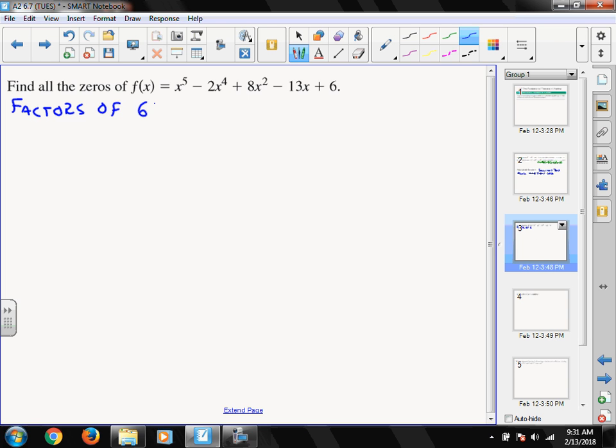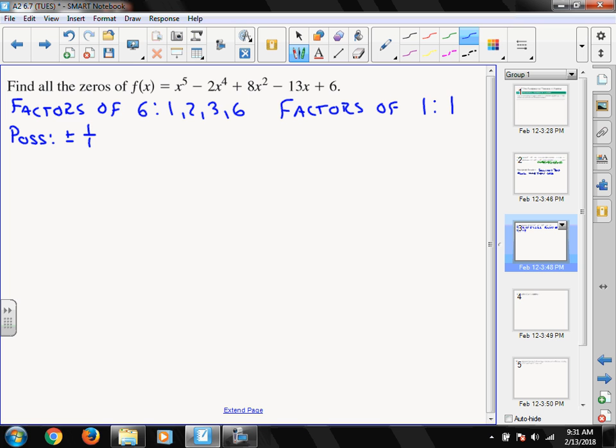Factors of 6. What numbers multiply to 6? 1, 2, 3. Okay, and factors of 1. Just 1.